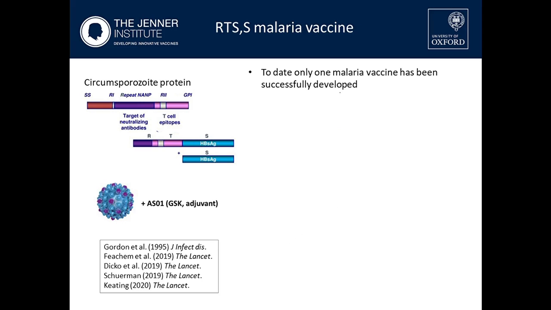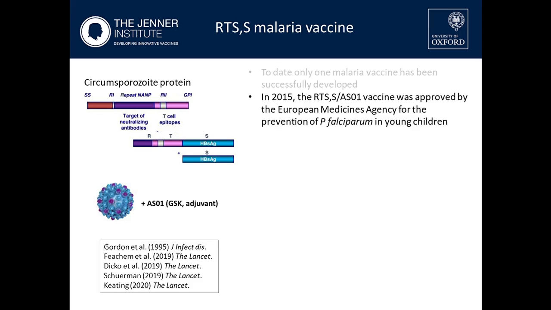But what about vaccines for malaria? To date, only one malaria vaccine has been successfully developed. This one is RTS,S. In 2015, RTS,S with the adjuvant AS01 was approved by the European Medicines Agency for the prevention of Plasmodium falciparum in young children.